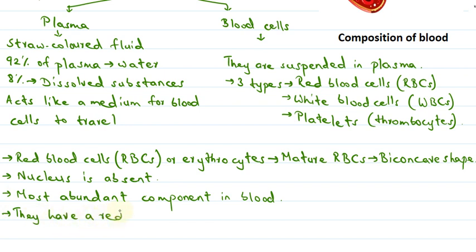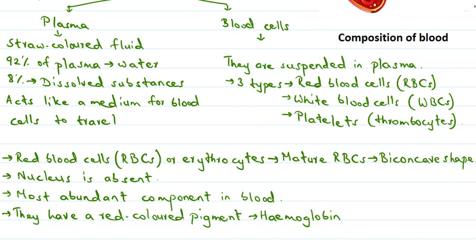Do you know what this is called? This red colored pigment is called hemoglobin. Okay, and it is a red colored iron containing pigment.